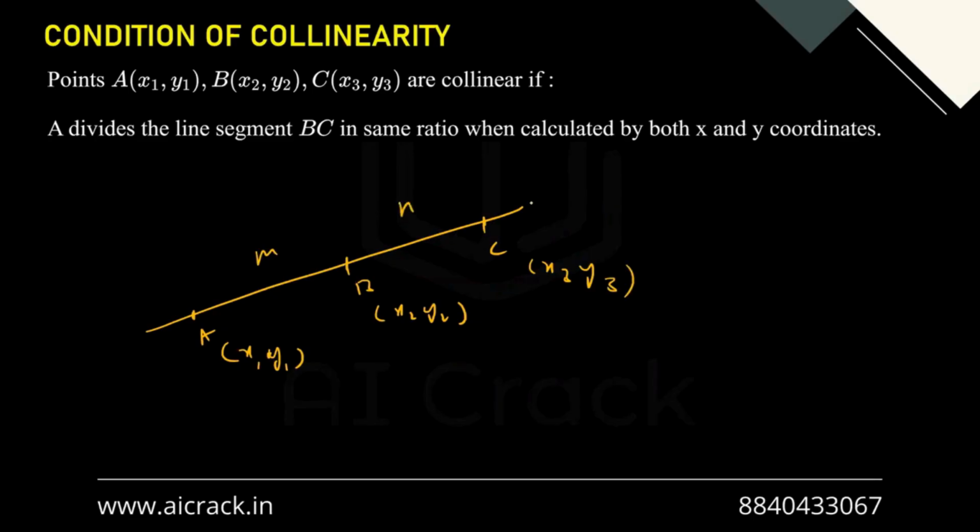So let's say this ratio is m is to n. First I'll try to find out the ratio with the help of the x coordinate, and then I'll try to find out the ratio with the help of the y coordinate. If both the ratios are matching, that means this particular point is lying on this particular line. Basically, these 3 points are collinear, right? Otherwise, if they're not matching, that means they're not collinear. Okay.